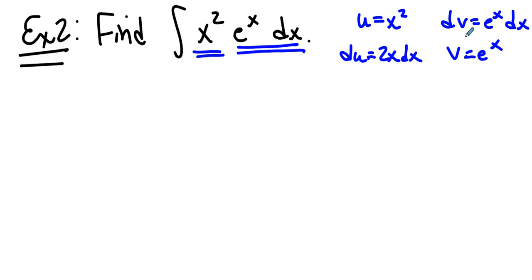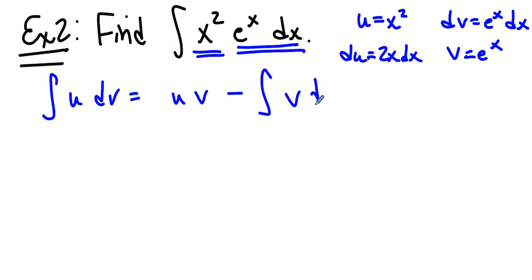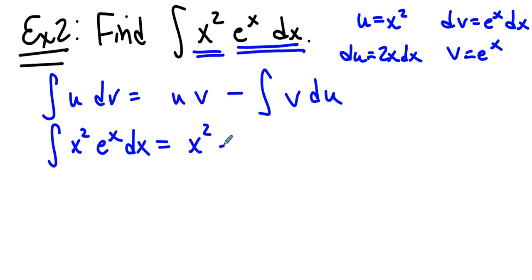If we go the other way, if the u is e to the x and the dv has the x squared, then the antiderivative's got a cubic. Take the integral of a cubic, it gets weird. So we'll try it this way. The integral of u dv is uv minus the integral of v du.